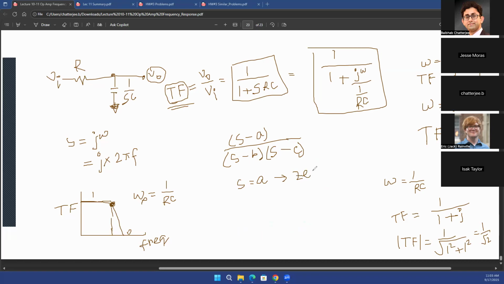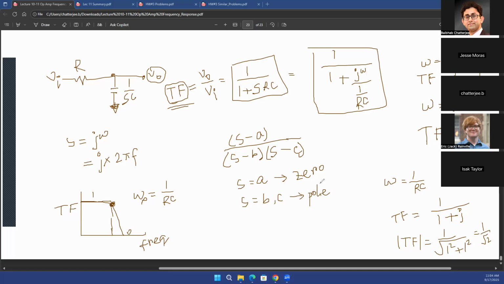On the other hand, what would happen if your S is equal to B, or if your S is equal to C? If S is equal to B, you will have a 0 in the denominator, which means that the entire transfer function will become infinitely large. Similarly, when S equal to C, same thing will happen. So S equal to B or S equal to C, those are called pole frequencies. And S equal to A will be called a 0 frequency for this transfer function.